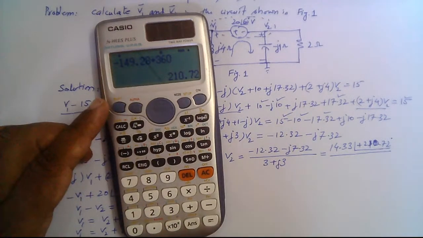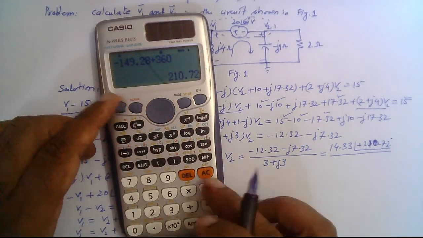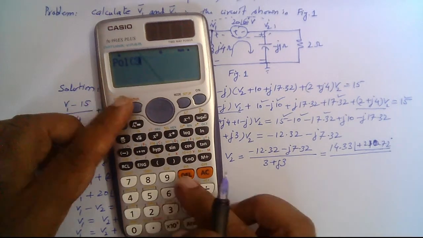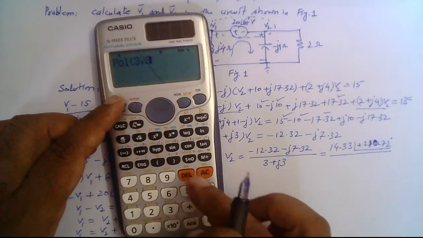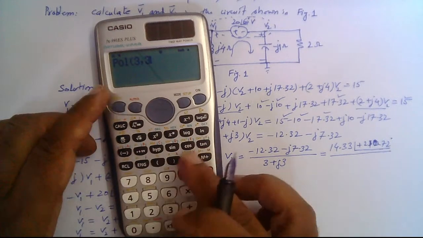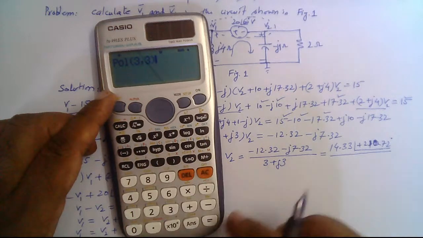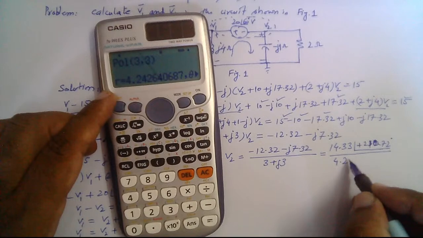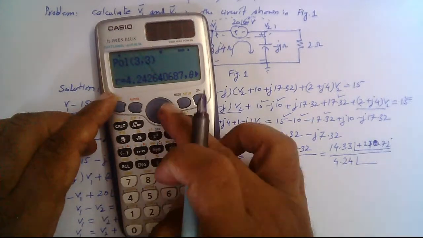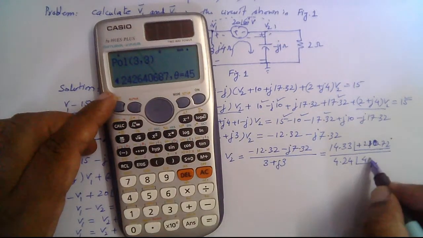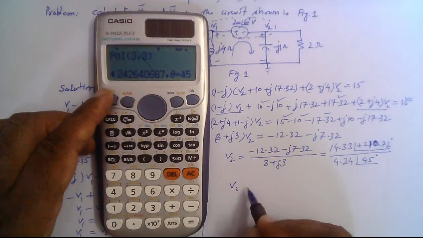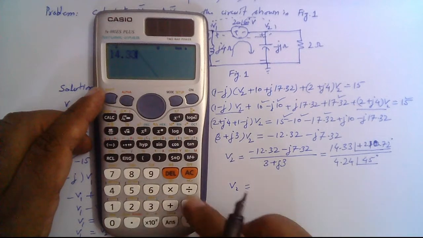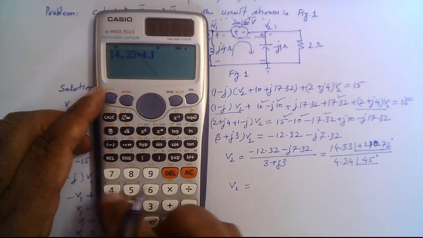That should also be converted to polar form. So shift polar 3 plus j3. So that is 4.24 at an angle of 45 degrees, right? So V2 is given by 14.33 divided by 4.24.